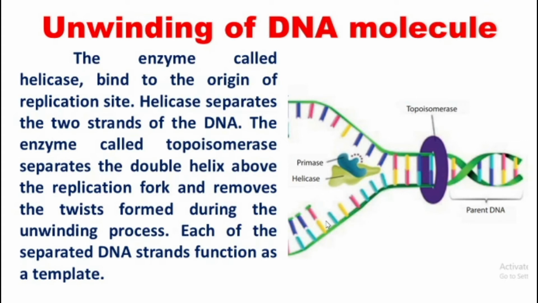Based on the nucleotides present in the template, the newly added nucleotides are selected, which will be complementary to the base pairs which are present already in the template. Already we have discussed the base pairing. Adenine always base pairs with thymine and cytosine always base pairs with guanine. That's all about unwinding of DNA molecule.